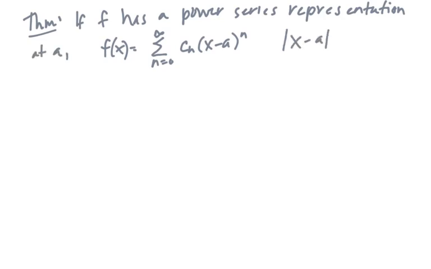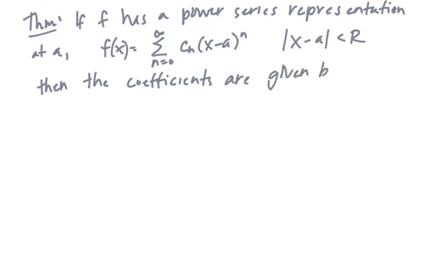We know that the absolute value of x minus a is less than r, so that's our radius of convergence. Then the coefficients are given by c sub n equals, and it's that formula we developed, the nth derivative of f at a over n factorial.